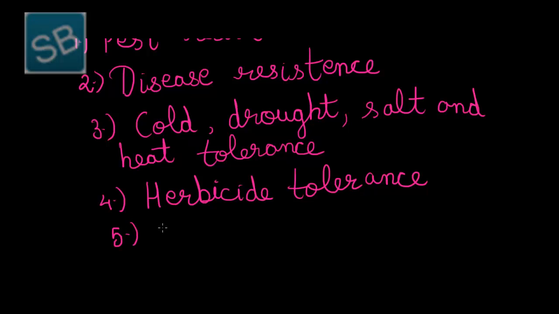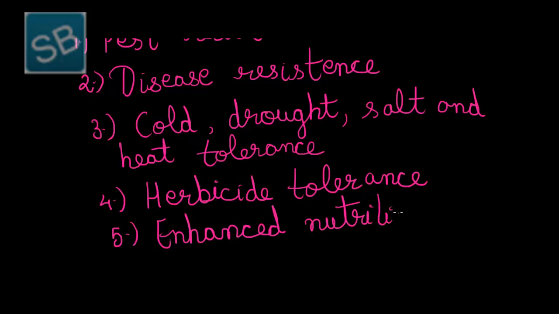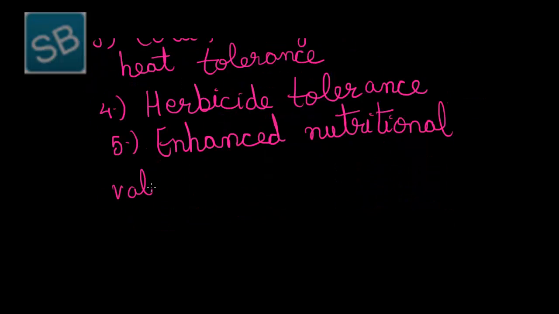Then, it provides enhanced nutritional value to the plant. Thus, these are all the basic features or necessities for increased food production and crop production. And since genetically modified plants, which are obtained through genetically modified organisms, satisfy all these requirements, they are very essential for increased food production and crop development.